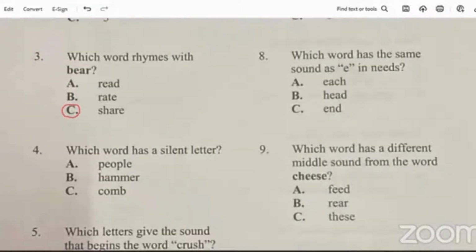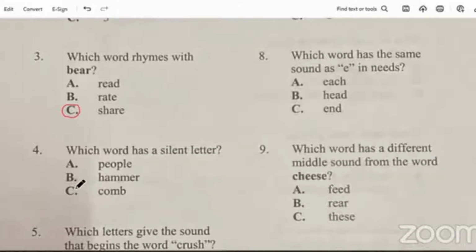Is it people, hammer, home? And of course, this is a very strange question because there are silent letters in more than one word here, but I'm assuming that they mean the B that follows M in comb.